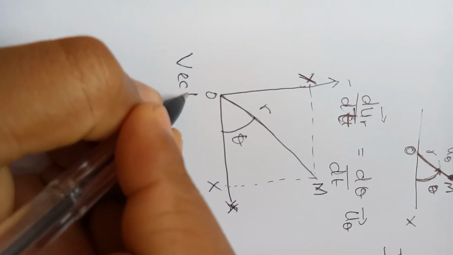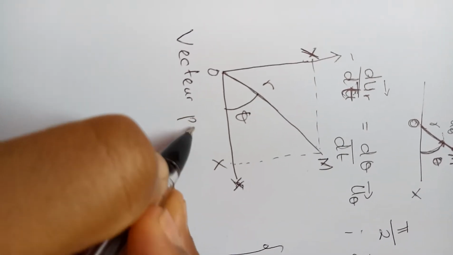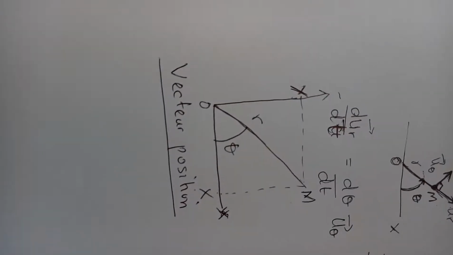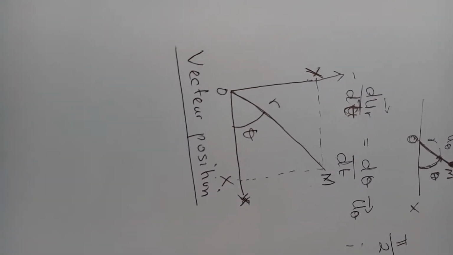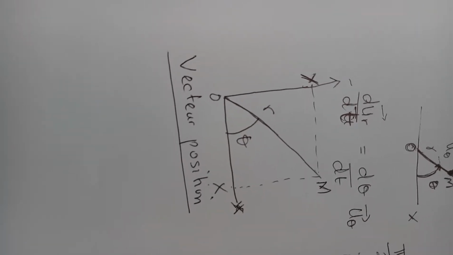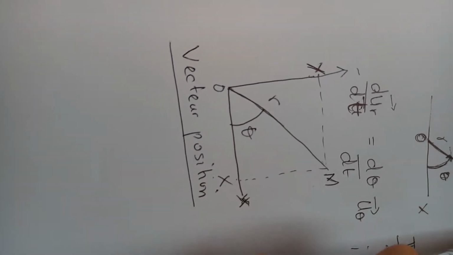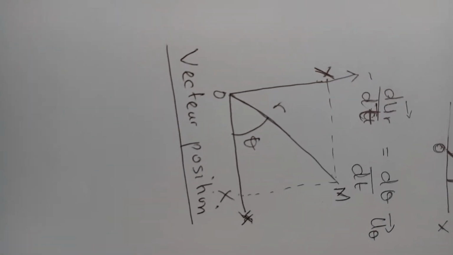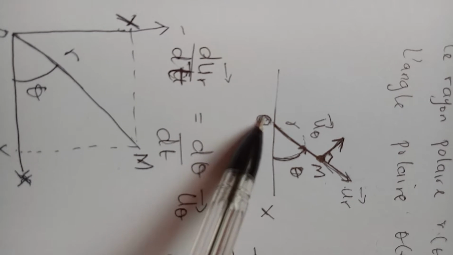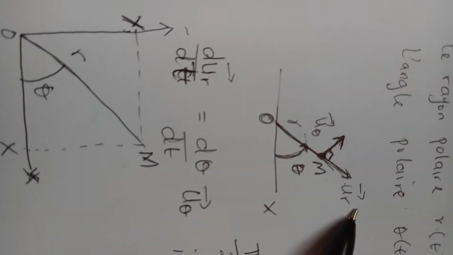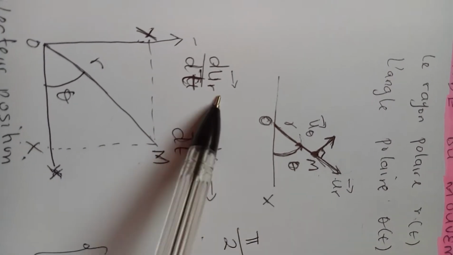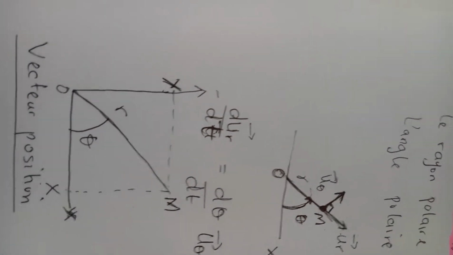For the position vector, we define it using r, theta and u_r. Here we have our r along u_r, with OM, of course, from the origin O to M, so OM.